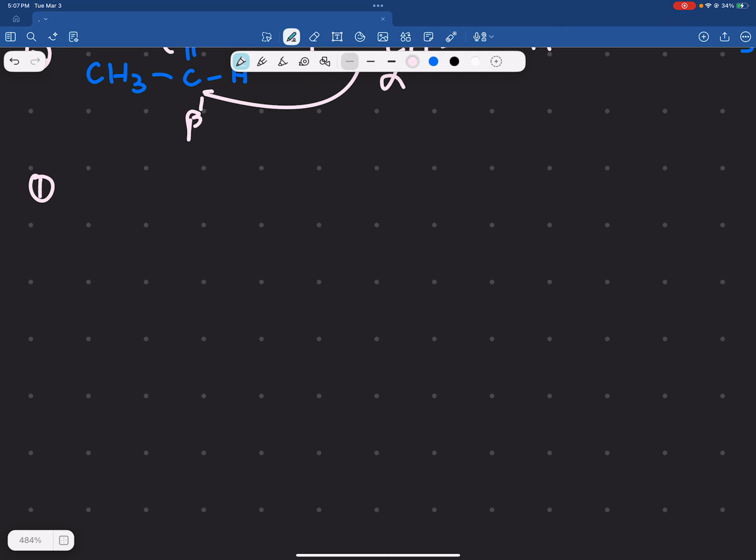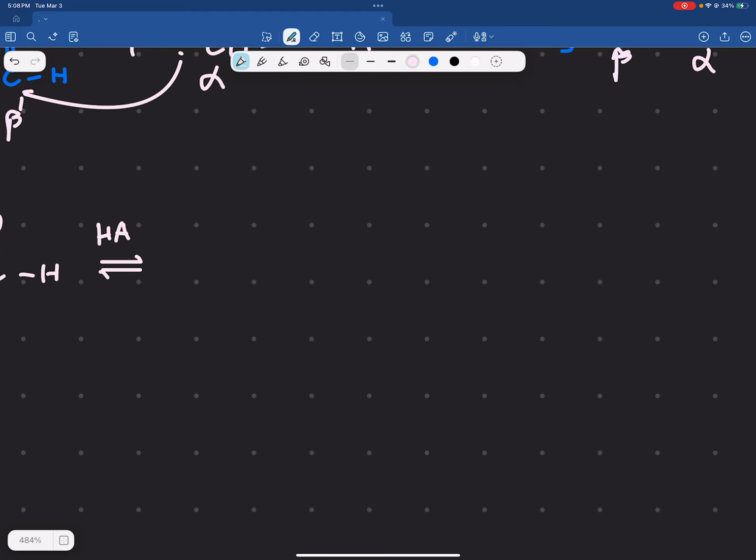So the first step in the acid catalyzed Aldol reaction is going to be keto enol tautomerism, catalyzed by an acid.